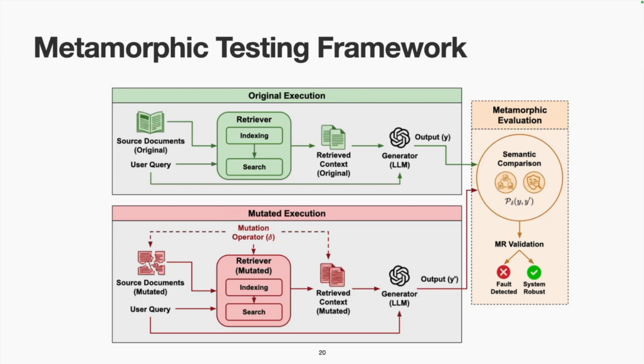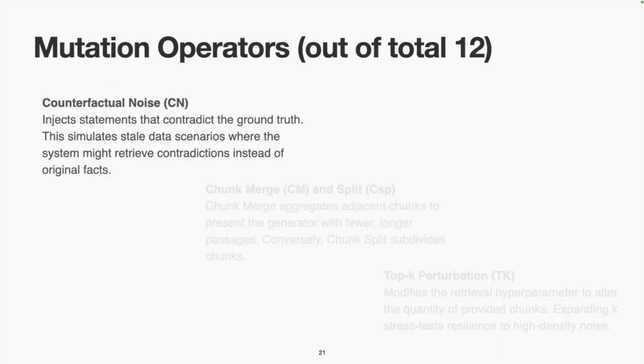And I'm just going to briefly introduce how mutation is done in our framework. We have in total 12 mutation operators, and I brought 3 of them. The first one is called counterfactual noise, meaning that we deliberately inject counterfactual things into the document so that we hope the LLM mispredicts the output.